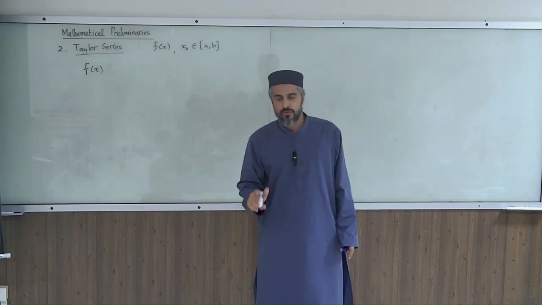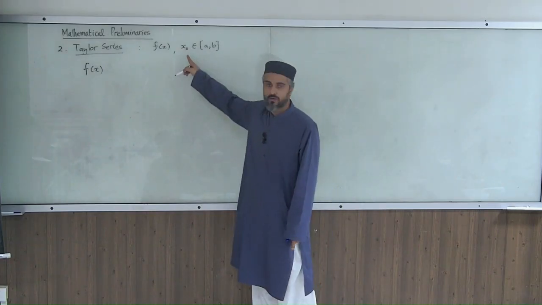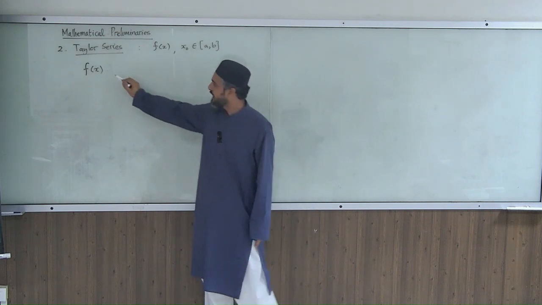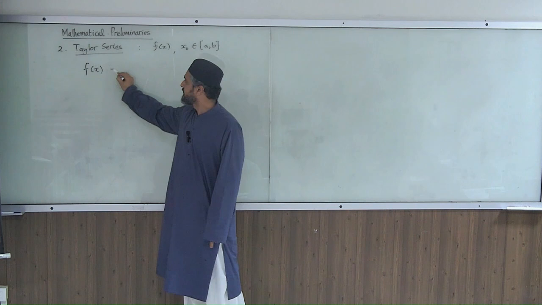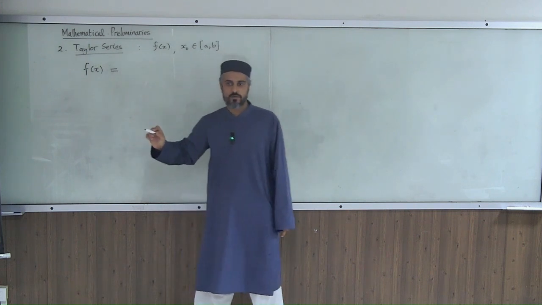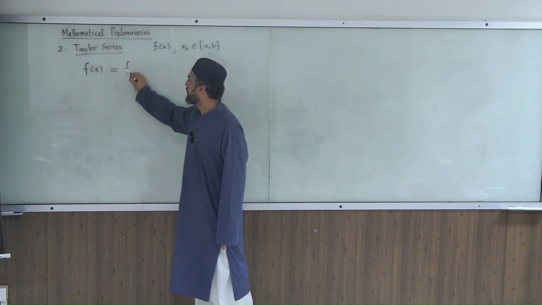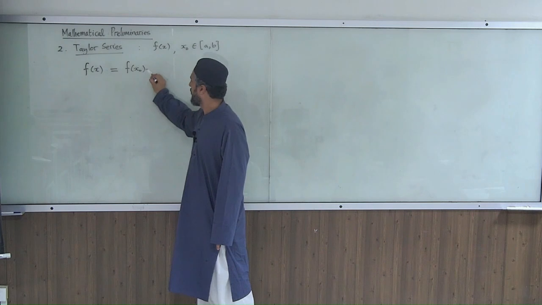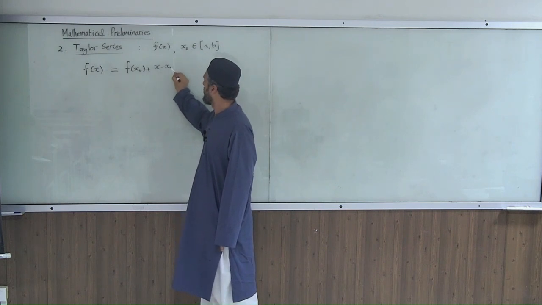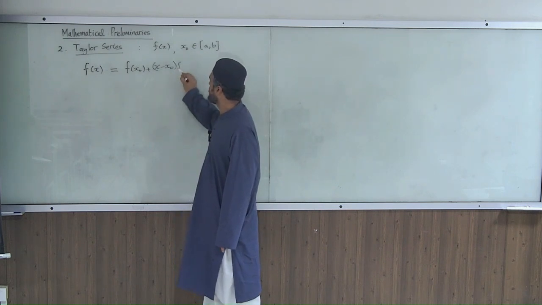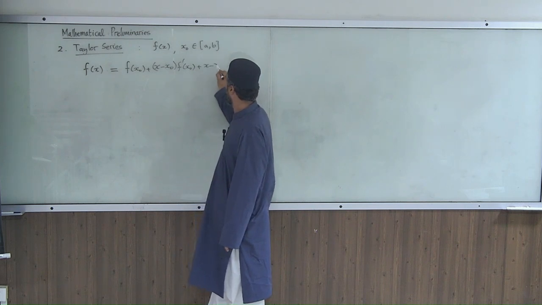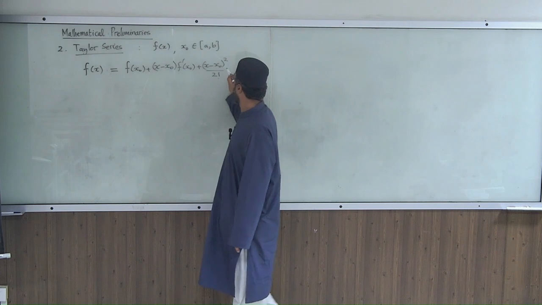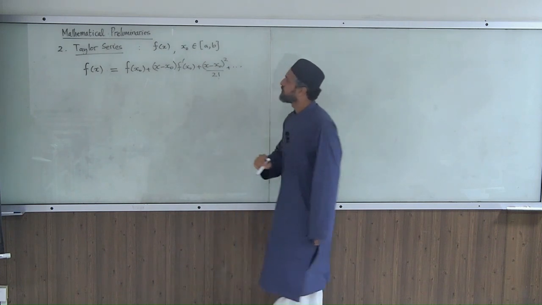So f of x can be written in terms of a polynomial in this way. I'm just writing the general form of the Taylor series, and so on.